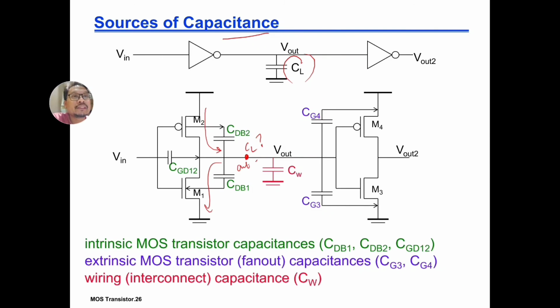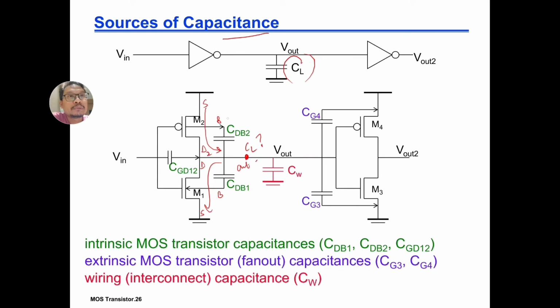The first component is the intrinsic MOS transistor capacitance: CdB1, CdB2, and CGD12. CdB1 is drain to bulk. Here is the drain, this is the source, and here is the bulk.